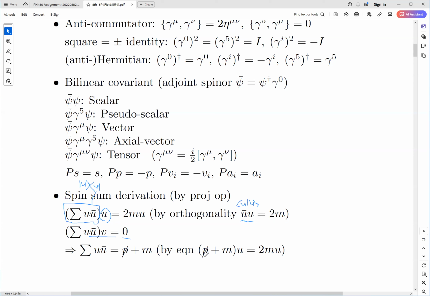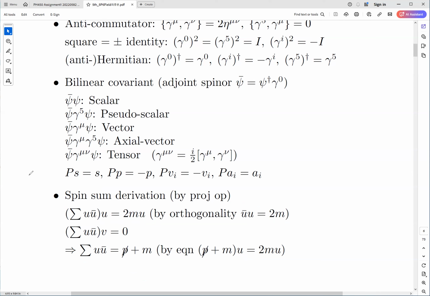By using the equation of motion, the Dirac equation, the 2m can be expressed by p-slash, which is the product between the gamma matrix and the four-vector, the momentum vector. So the result of the spin sum, sum of u u bar, is p-slash plus m. This spin sum formula will be used like this.